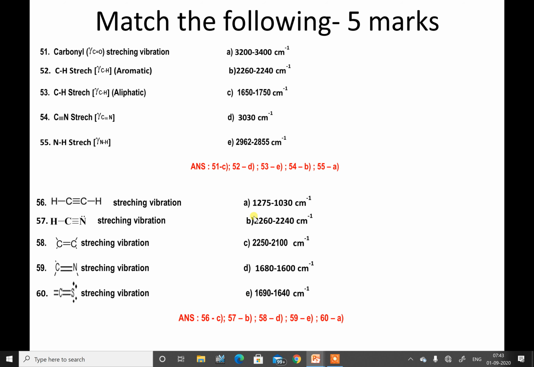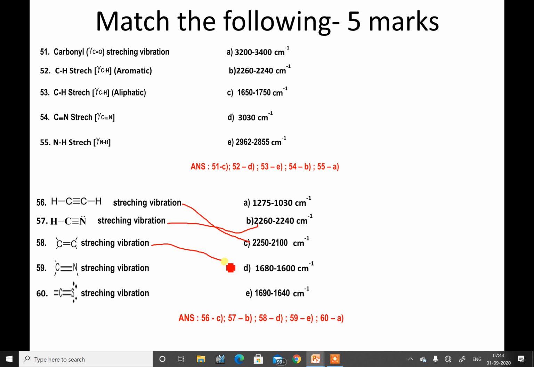And yes, so we have this CC triple bond stretching vibration is of course this, and CN is still a little bit higher, so it is this.